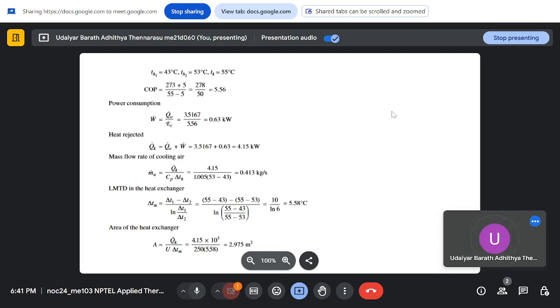Those are delta T1 and delta T2. So delta Tm, which is the LMTD, is delta T1 minus delta T2 divided by ln of delta T1 by delta T2. Substituting these values will give me 5.58 degrees Celsius. That is the logarithmic mean temperature difference.